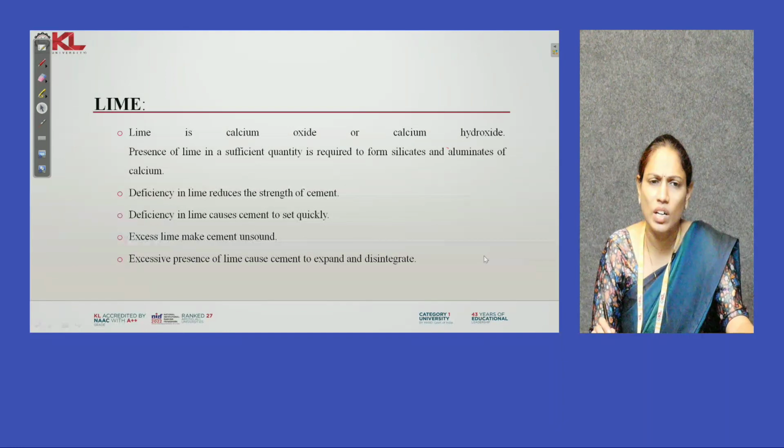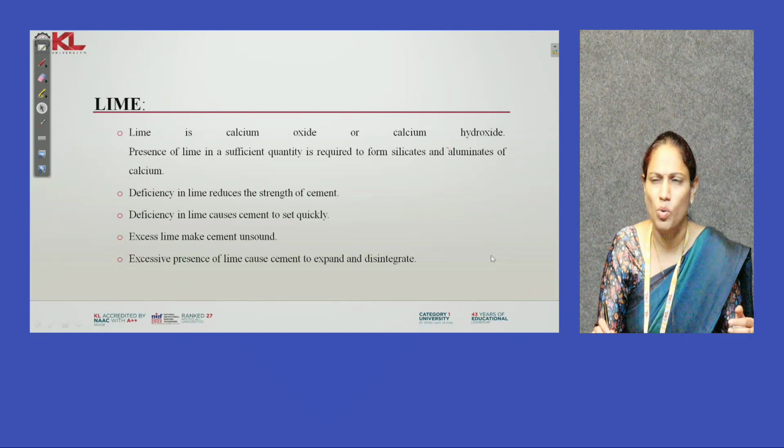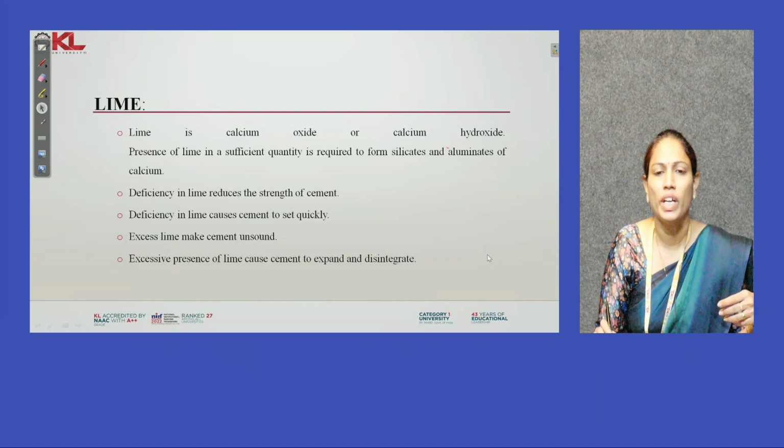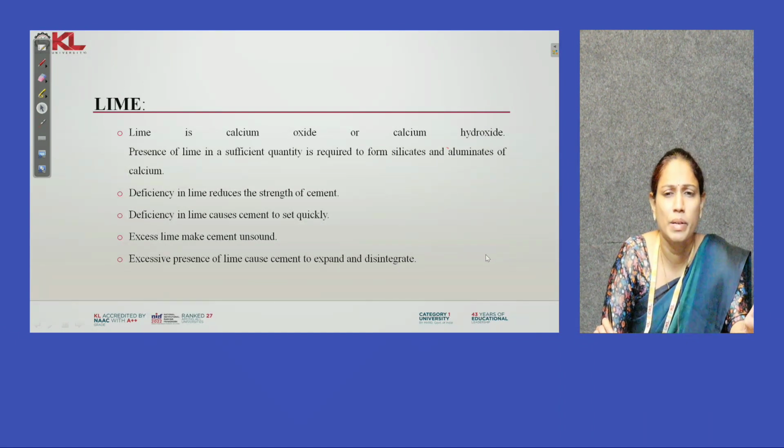Excess lime makes cement unsound, meaning there are hollow gaps, so the block we have prepared will have lesser strength. Excessive presence of lime causes cement to expand and disintegrate.